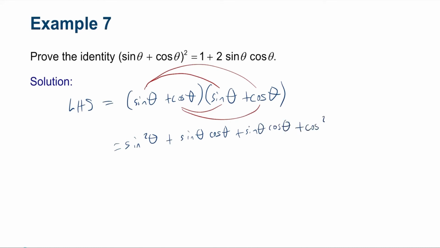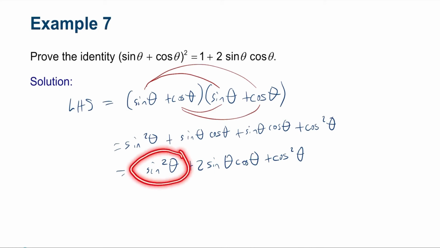First, outer, inner, last, which would be sine squared theta plus sine theta cosine theta plus sine theta cosine theta plus cosine squared theta. If we combine the middle like terms, these two terms are like terms. That'll give us sine squared theta plus 2 sine theta cosine theta plus cosine squared theta. And automatically this should kind of turn on a light bulb in your heads.